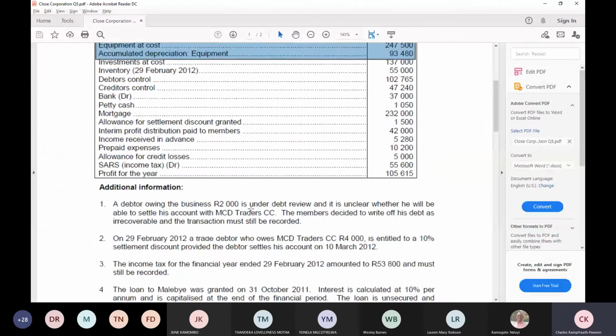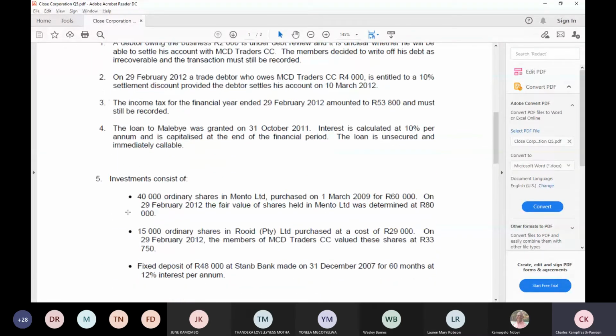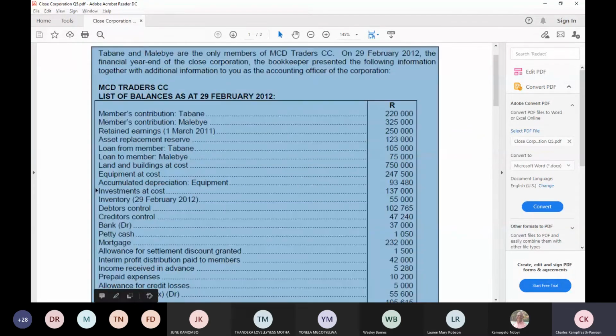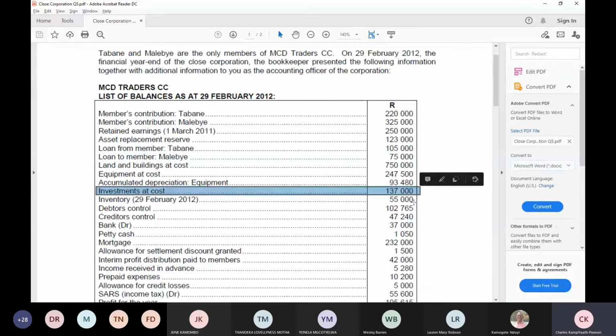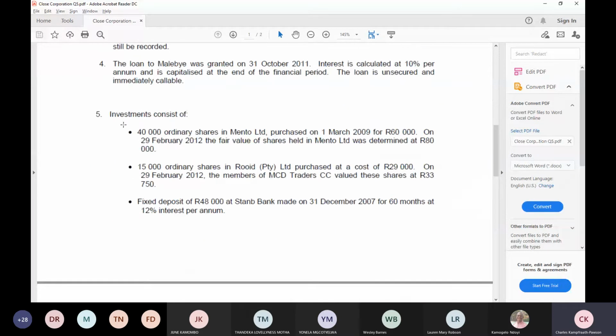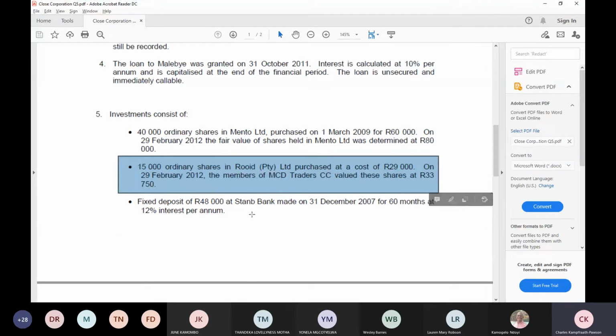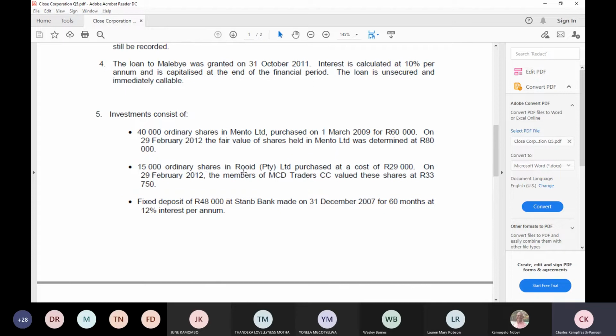And then we must obviously pay attention to the investments right beneath it, because we've now taken out the two current portions, but we must also take note of the non-current asset, which is the 15,000 ordinary shares in Royd PTY Limited.